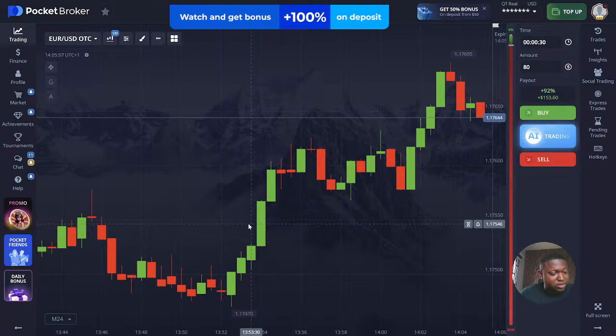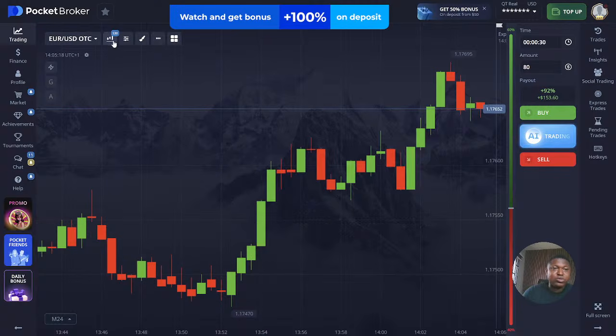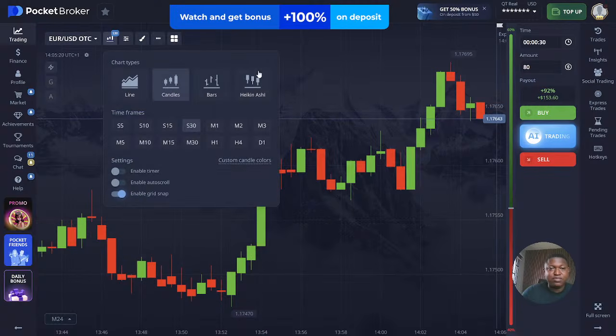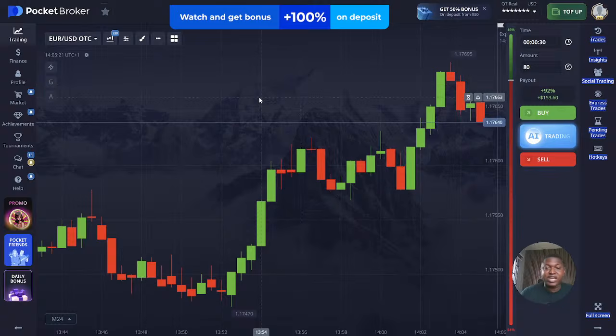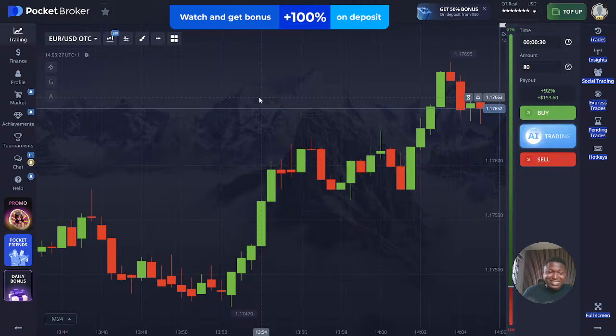Now, these two indicators represent one of the best indicators you can ever use if you are on Pocket Broker. They provide us with some of the best ways to easily predict market movements.